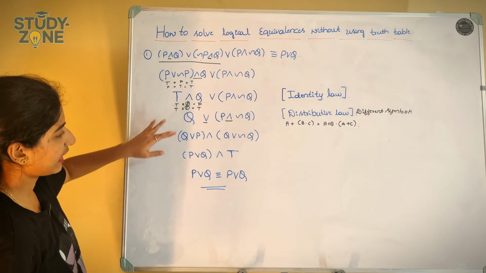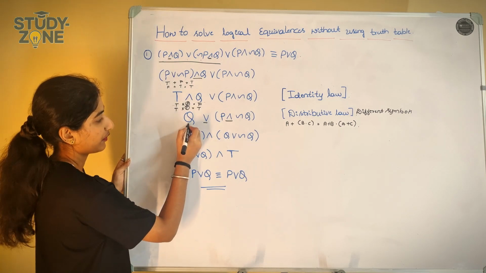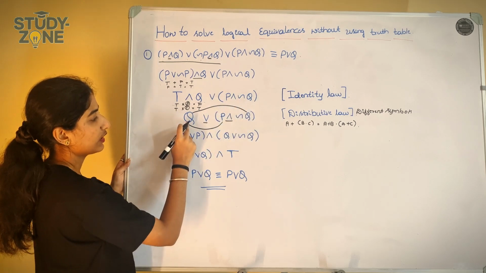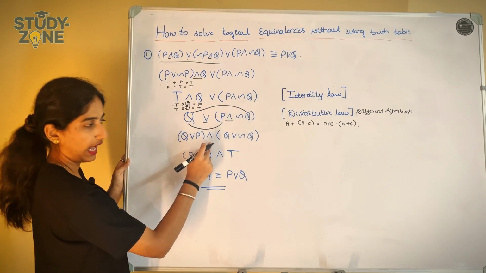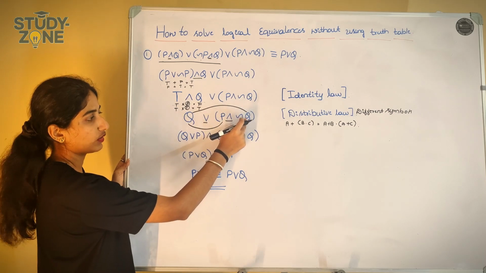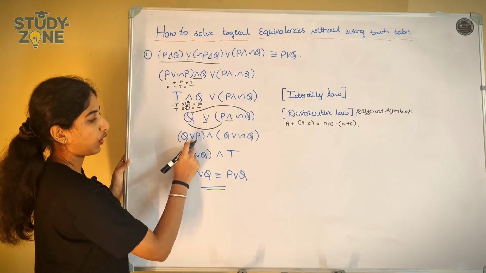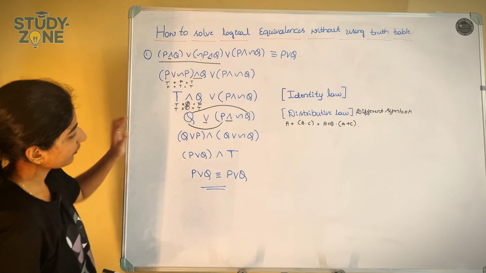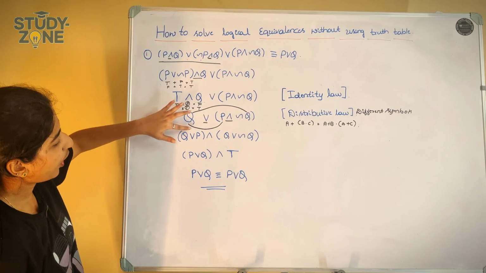So we are taking the same form here, that is first we have to take this one and then we have to take this one, that is Q or P and Q or not Q, correct? Q or P and Q or not Q. So now we have Q or P.